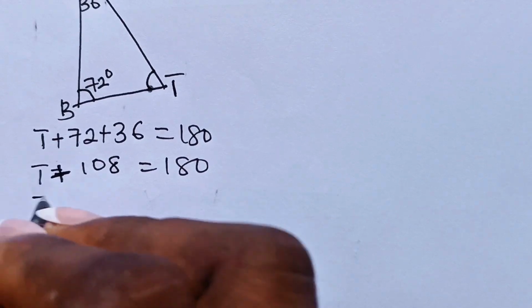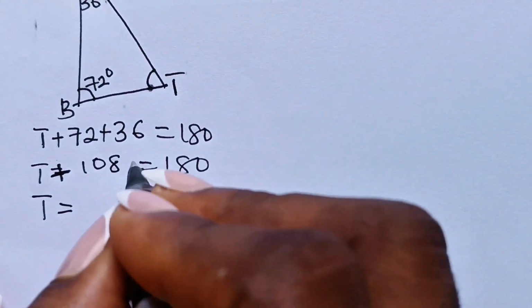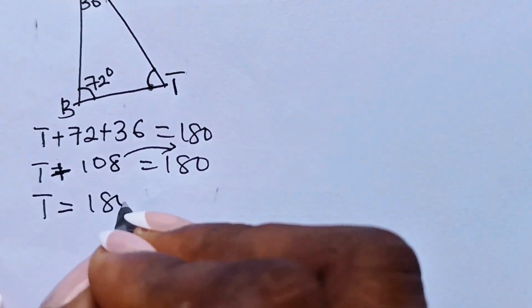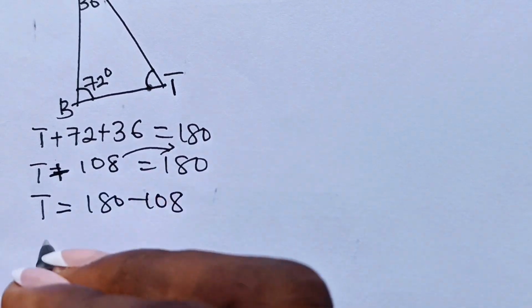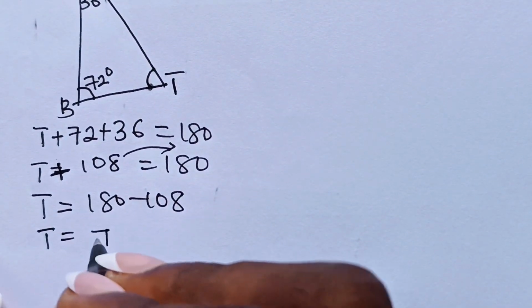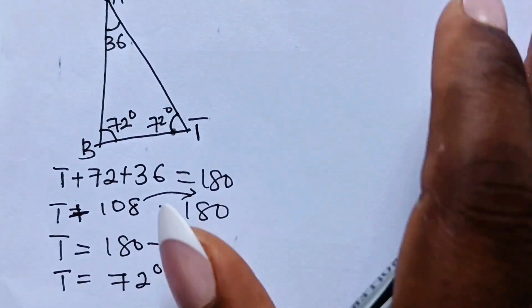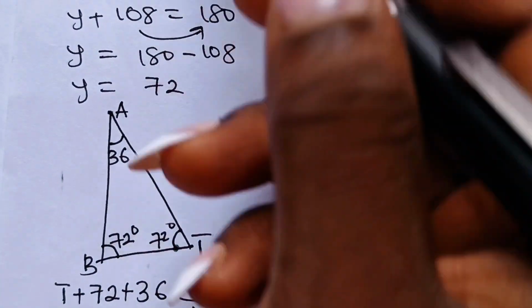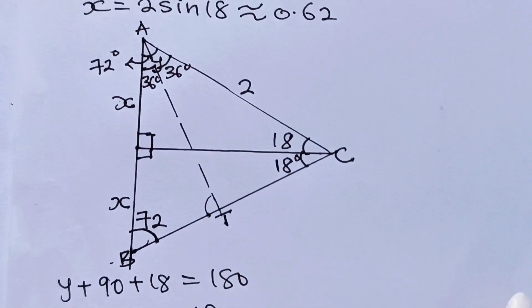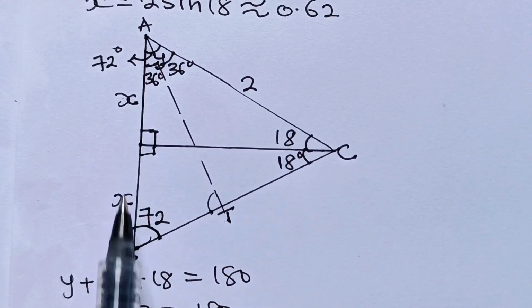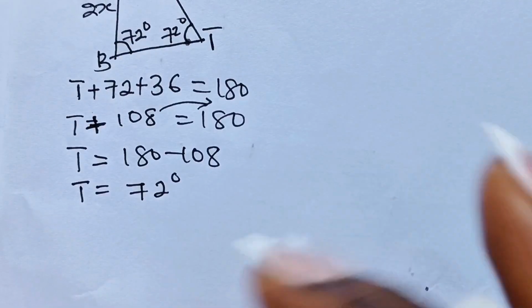So T is equal to 180 minus 108, so T is equal to 72 degrees as well. Now remember that AB is x plus x, which gives us 2x. So this side is 2x.